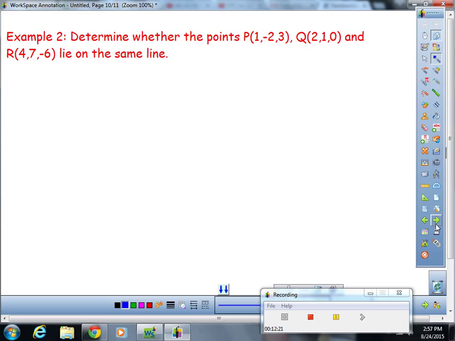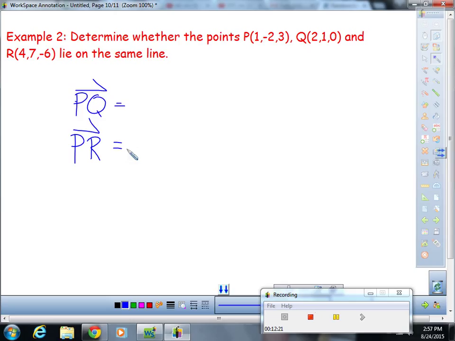Example 2. So we got P, Q, and R. I'm not going to draw a picture for this because we don't really need to. Determine, okay, so how can we figure this out? Well, we've got this vector PQ, and then imagine this vector PR.